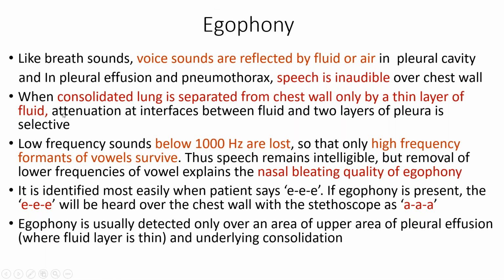Voice sounds mean you ask the patient to say something, like one, two, three. Here, when the compressed lung is separated from the chest wall only by a thin layer of fluid, there is attenuation at the interface between the fluid and the two layers of the pleura, and it is selective. Why selective?